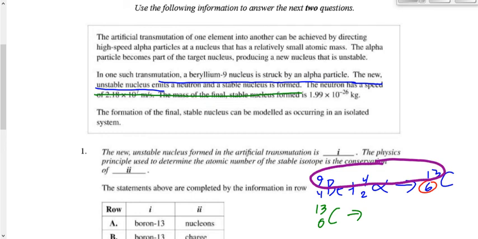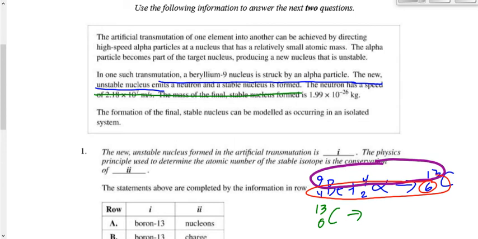We got 13 nucleons on the left-hand side. We have 13 nucleons on the right-hand side. If we're balancing, well, we usually think of it as protons. If we're balancing protons, then we're going to make sure 4 plus 2 is 6, and then 6 on the right-hand side.